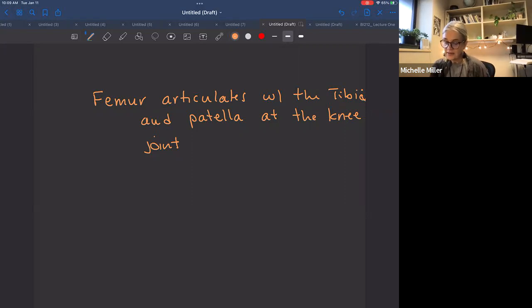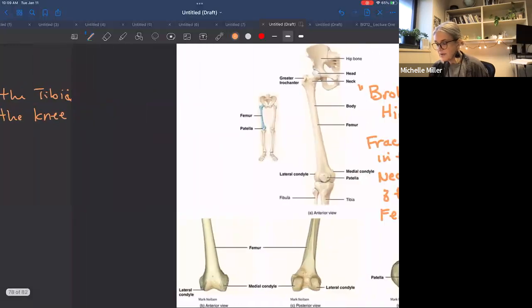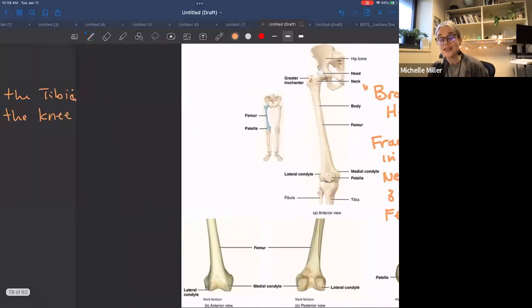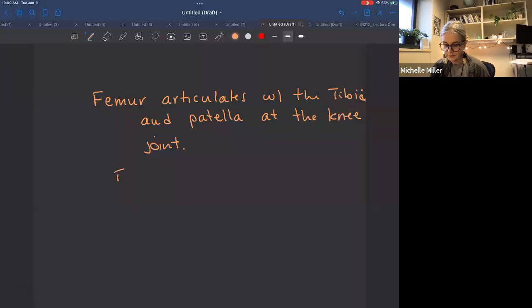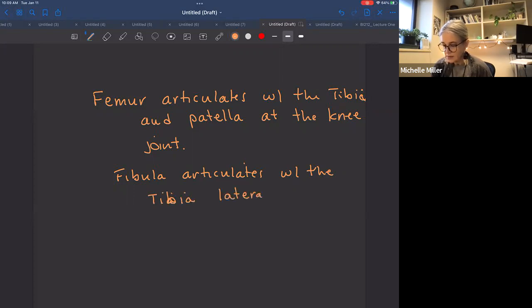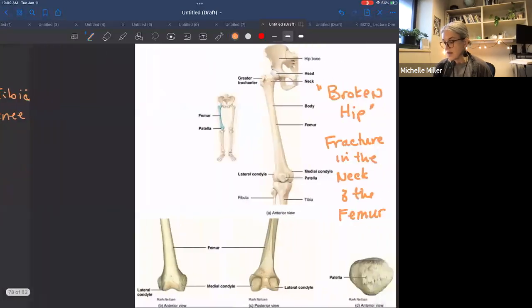So when we look at the fibula, you'll notice that the fibula actually articulates with the tibia laterally. So remember, medial versus lateral. So it is on the side.